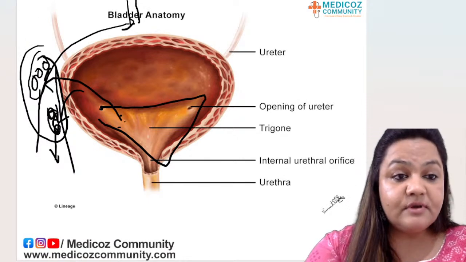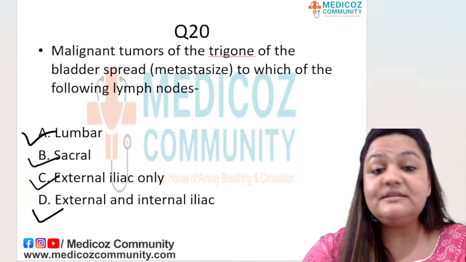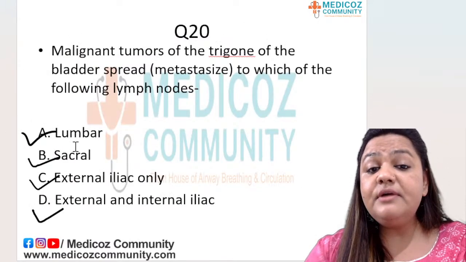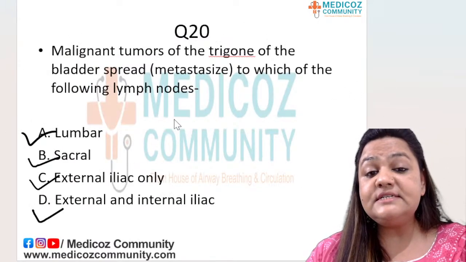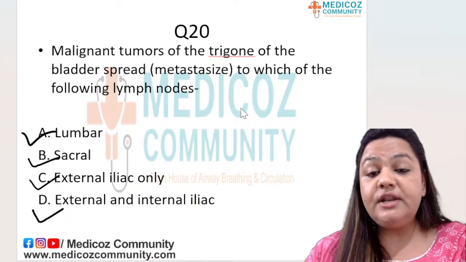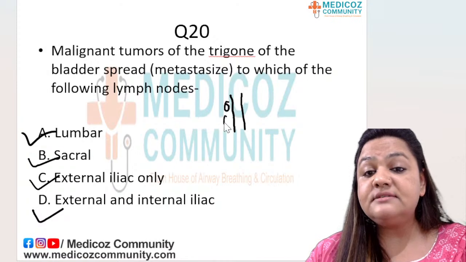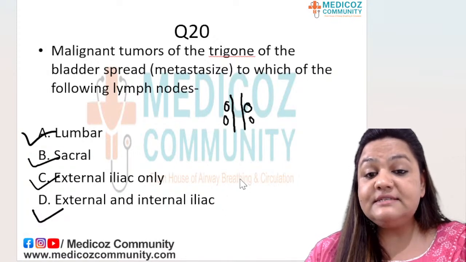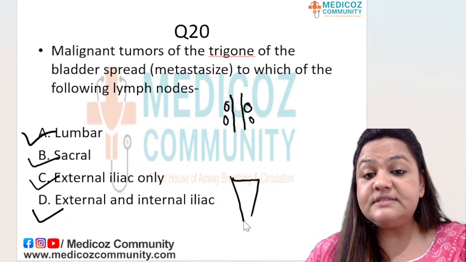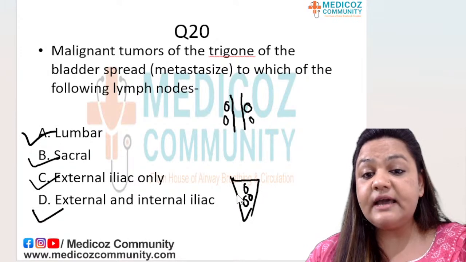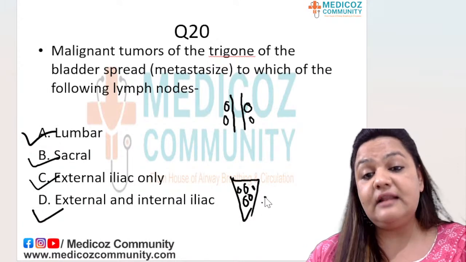Now there are some more options in this question, the lumbar and sacral. The lumbar group of lymph nodes is not present surrounding the urinary bladder; they are present in front of the lumbar vertebrae by the side of the abdominal aorta. The sacral group of lymph nodes is present in front of the concavity of the sacrum by the side of the middle sacral artery.